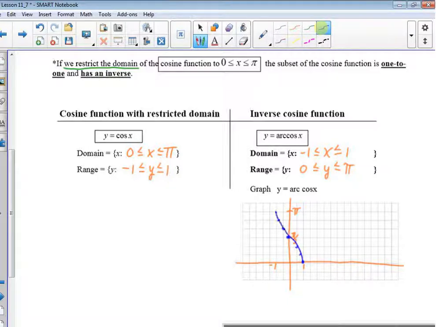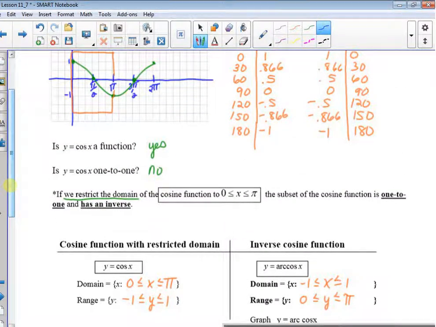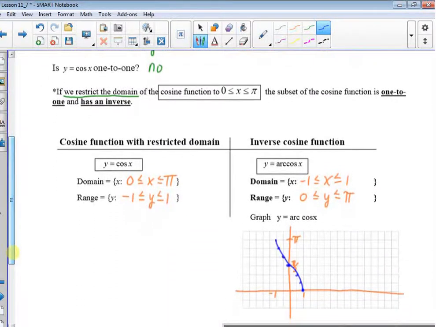So that one looks like that. Okay? If you took the graph of the cosine curve and you reflect it over the line y equals x, it should look like the arc cosine curve, or the inverse.